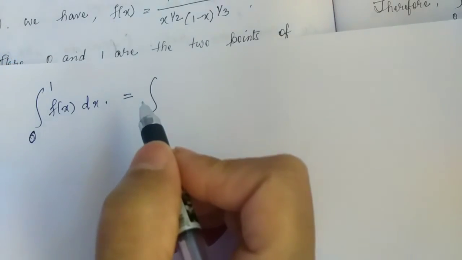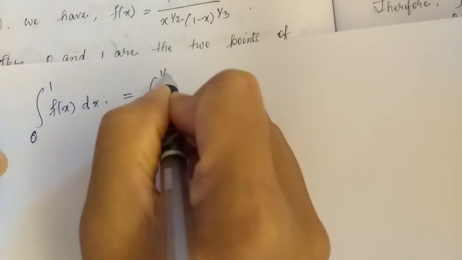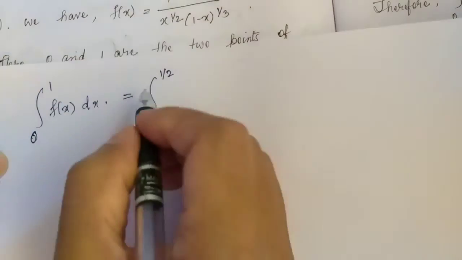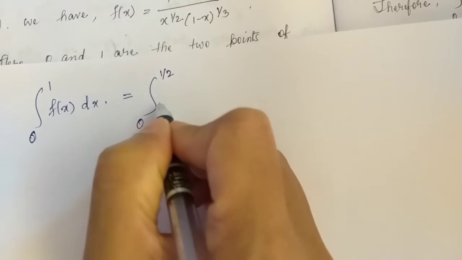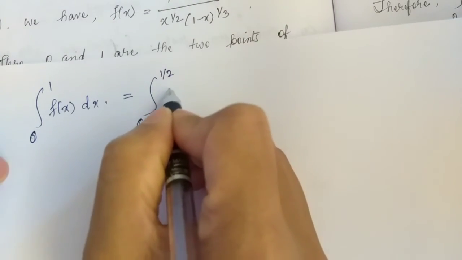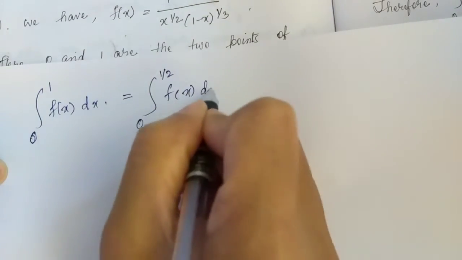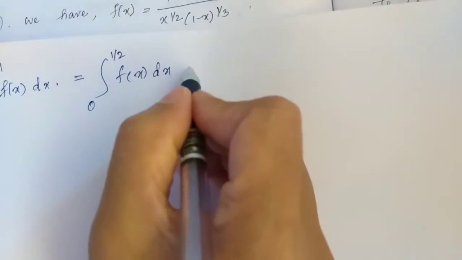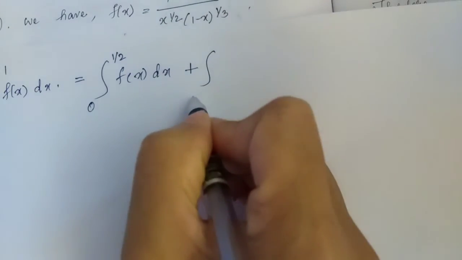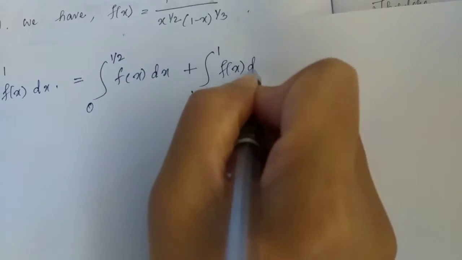Say, for example, we're taking that point to be 1 by 2. This 1 by 2 is in between 0 and 1. So you are trying to find out first from 0 to 1 by 2 f of x dx. Then you have to add from 1 by 2 to 1 f of x dx.